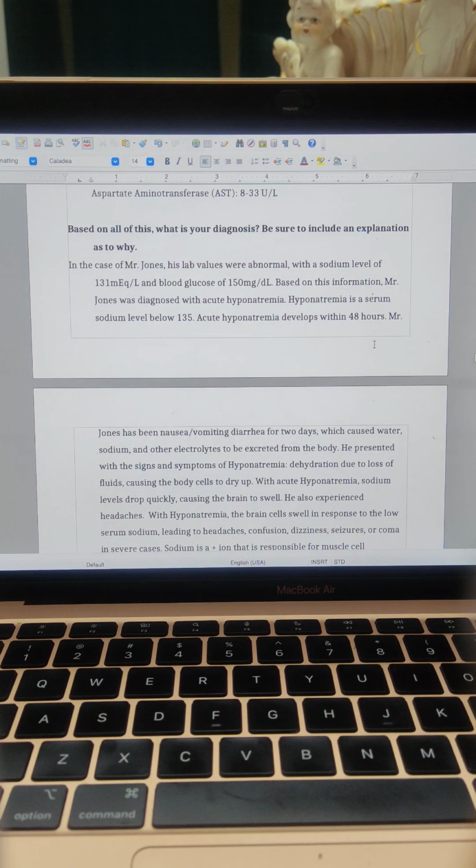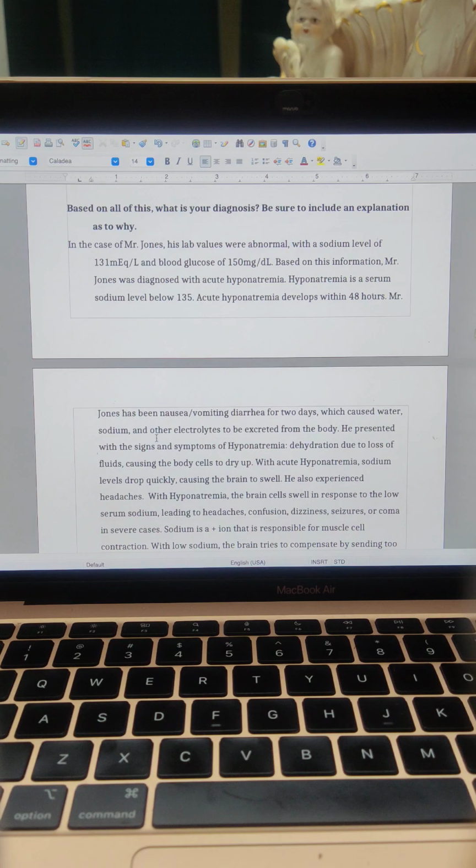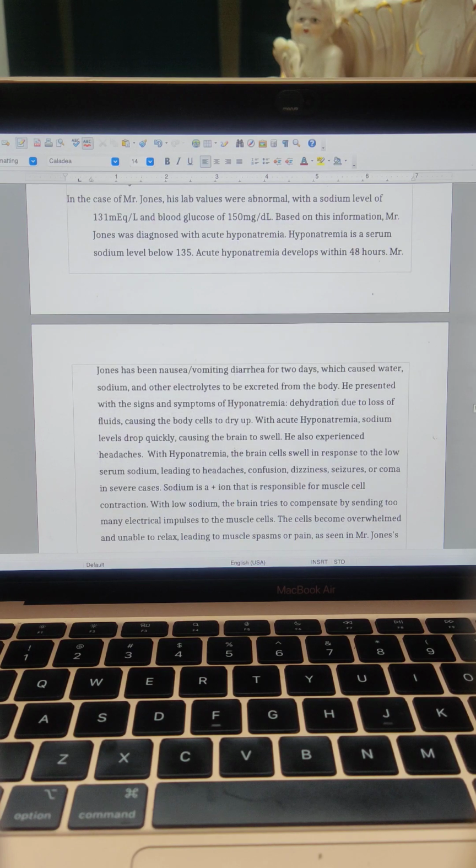As we said before, Mr. Jones has been experiencing nausea and vomiting or diarrhea for 2 days, which caused water and sodium and all that electrolyte to be excreted from the body. He presents with the signs and symptoms of hyponatremia.